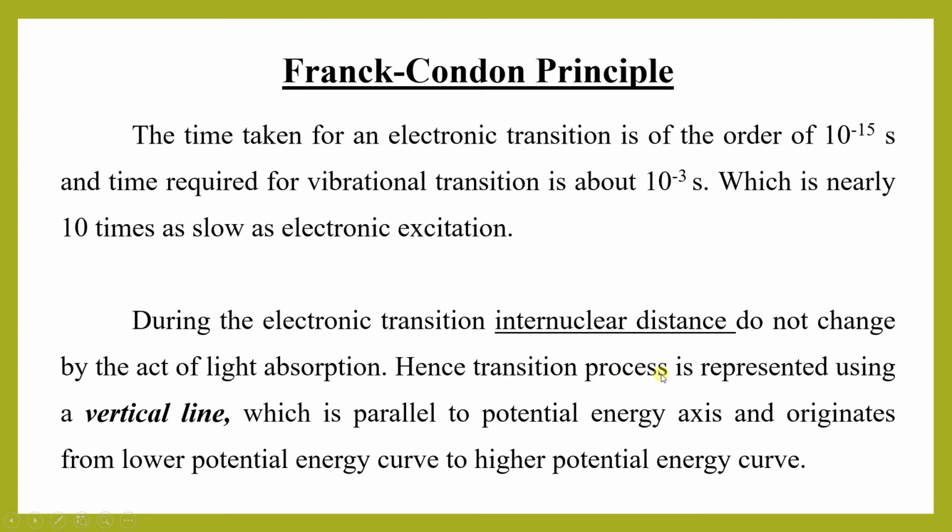Hence the transition process is represented using vertical lines. So electronic transitions are represented as vertical lines because there is no change in the internuclear distance, which is parallel to the potential energy axis and originates from the lower potential energy curve to the higher potential energy curve.